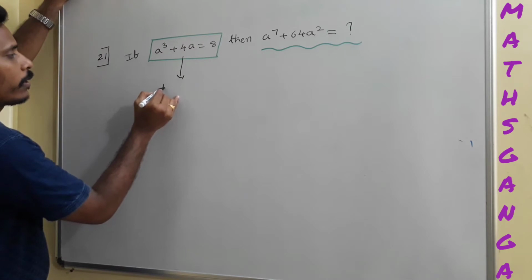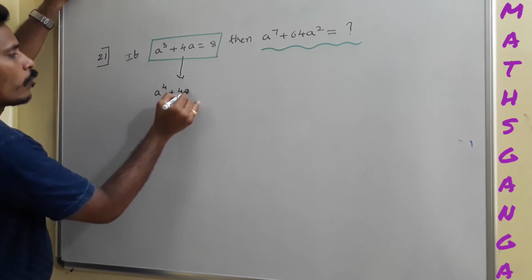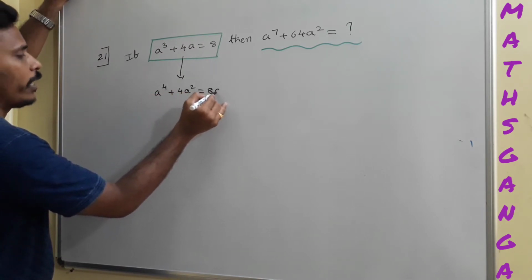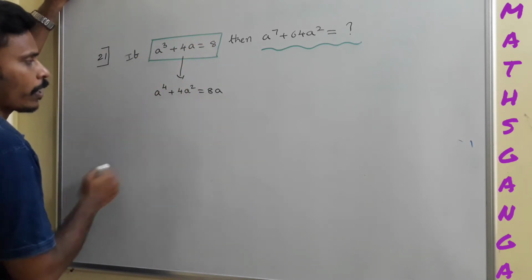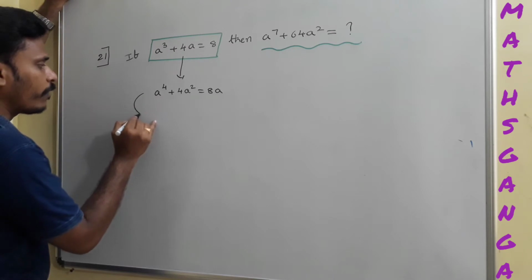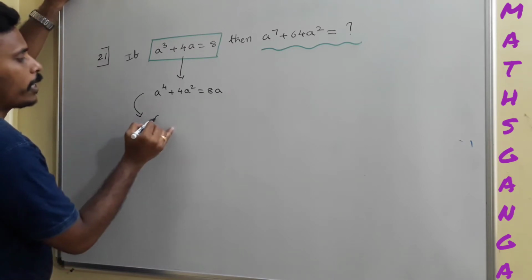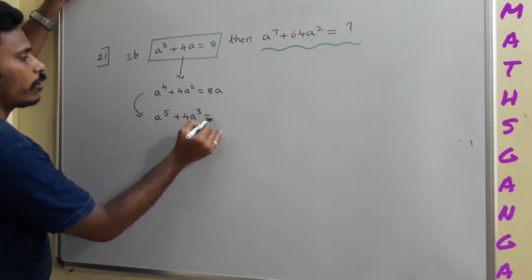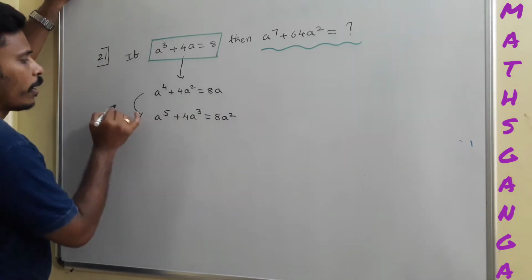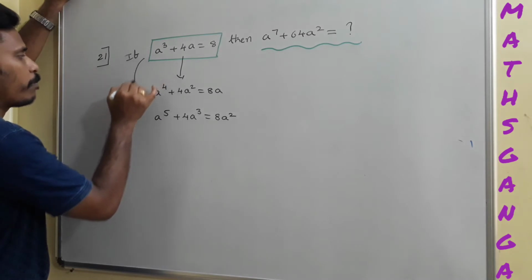You just multiply everything with a. What will happen? A power 4 plus 4a square is equal to 8a. Is there anything wrong? I just multiplied everything with a. And then multiply everything with a again: a power 5 plus 4a cube is equal to 8a square. Multiplication with a, step by step.